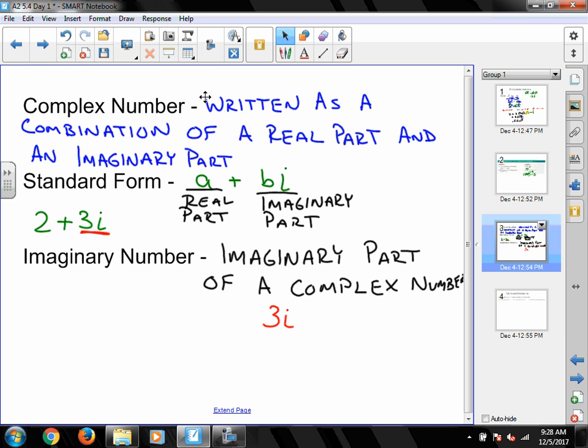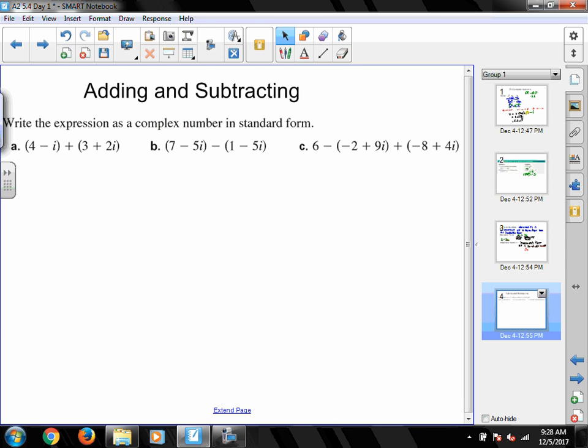So we've done a lot of theory explaining what it is, but what are we really going to do with these? Today, we are just going to talk about adding and subtracting. For the most part, you can really think of the imaginary part of your complex number as just a variable.